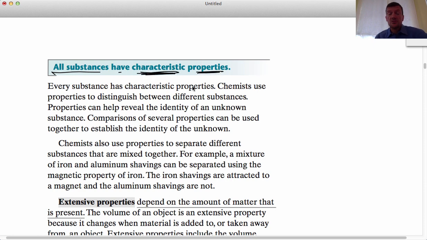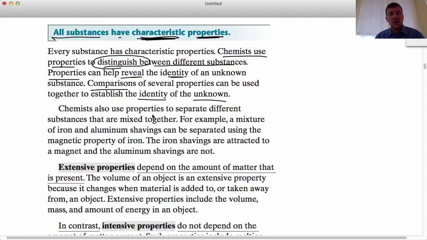We can use those properties to identify what that substance is, what that element is, or what that compound is. Chemists use properties to distinguish between different substances, and properties can help us reveal the identity of unknown substances. We can compare those properties, and they can help us to identify a certain unknown.